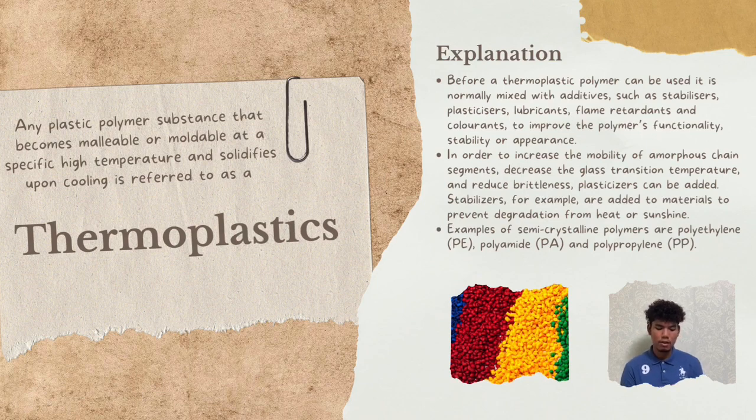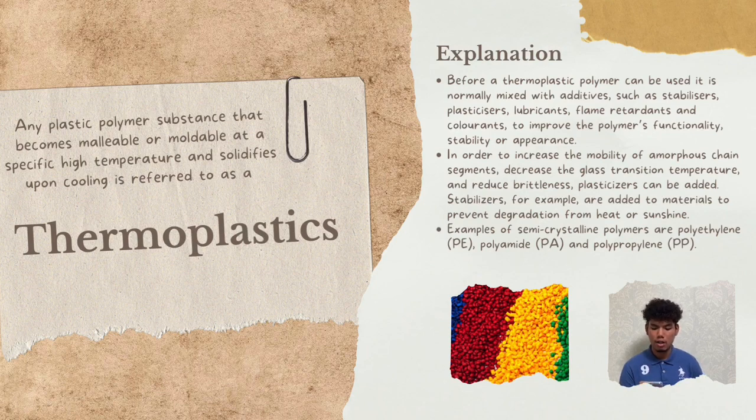And explanation about thermoplastic: before a thermoplastic polymer can be used, it is normally mixed with additives such as stabilizer, plasticizer, lubricant, flame retardant, and colorant to improve the polymer's functionality, stability, and appearance.